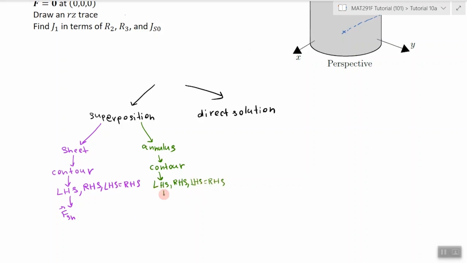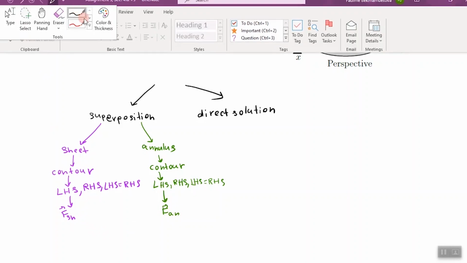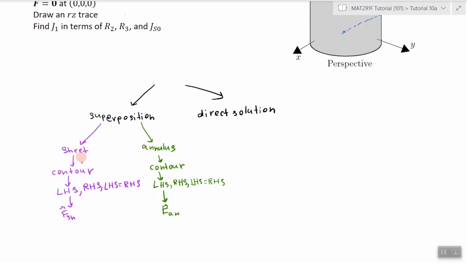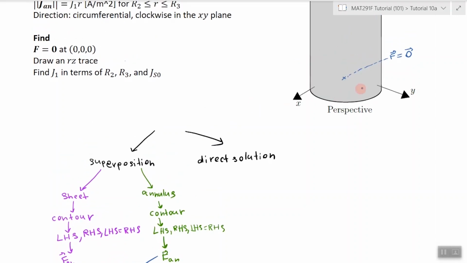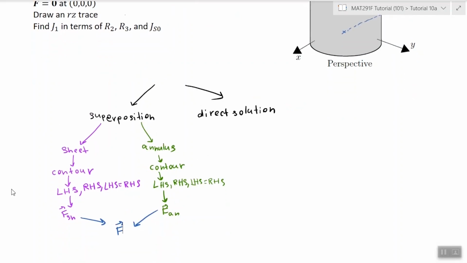And then you would solve for the field from the annulus. Then you would add the two together. And then you would set it to 0 at the origin and then solve for everything you need to solve. So this is using superposition.